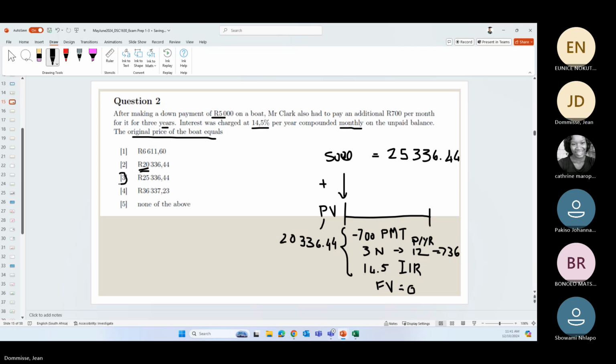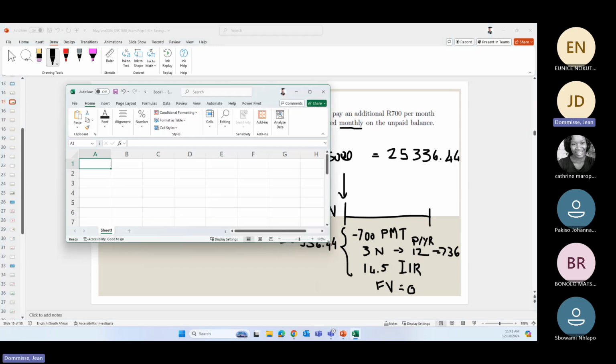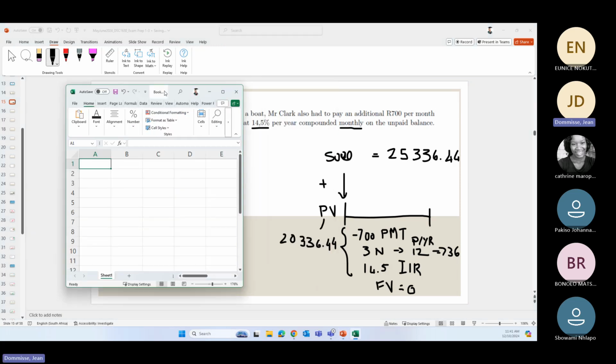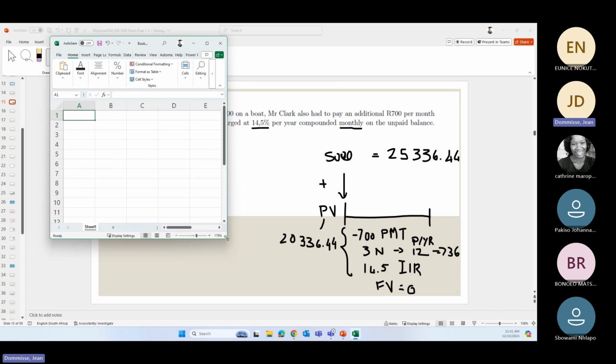So we needed to first work out the monthly payments, and then add the extra 5,000. So let's quickly see if we can do this on Excel.